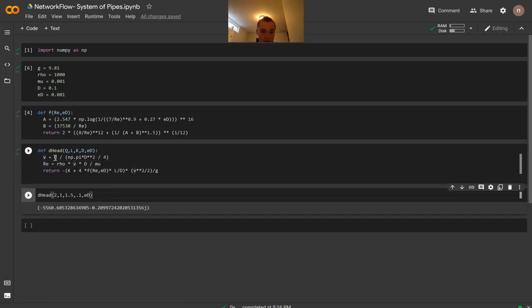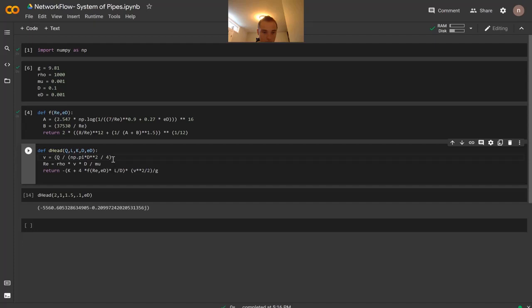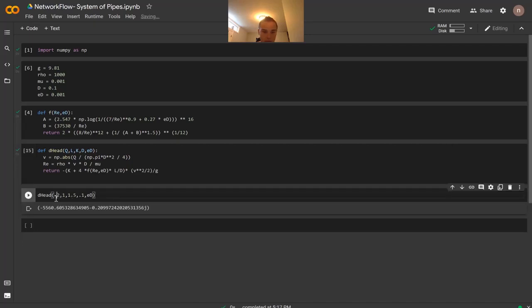So to account for this, we need to change the sign in our equation. First we need to make sure this is set into absolute value. So we're going to use numpy's absolute value, and that should make our velocity always positive.